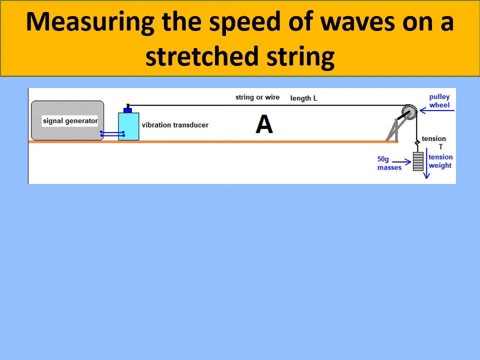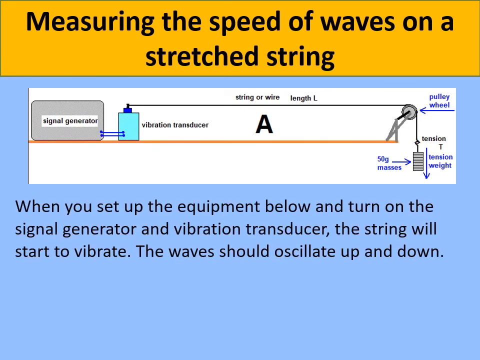When it's attached to a taut string, waves are formed on the string. You can make sure that the string is very taut by connecting one end to the vibration transducer and passing it over a pulley, as you can see in the diagram, with masses hanging from the other end. This will keep the string nice and taut.